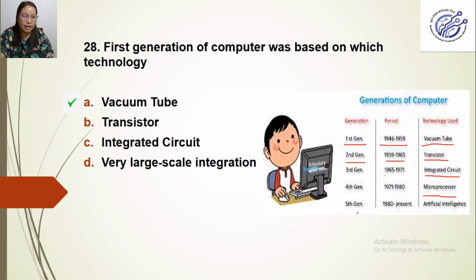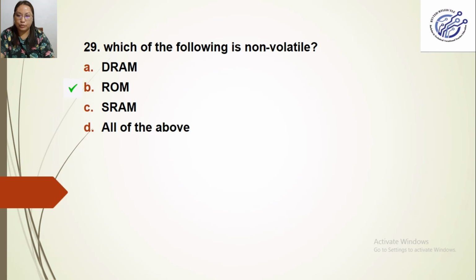Then yung fifth generation po yung ngayon po, yun po yung ginagamit natin na mga computer. So from 1980 to present, it is based on artificial intelligence. So again sa 28, our answer is letter A, vacuum tube po yung technology na ginagamit po sa ating first generation na computer.